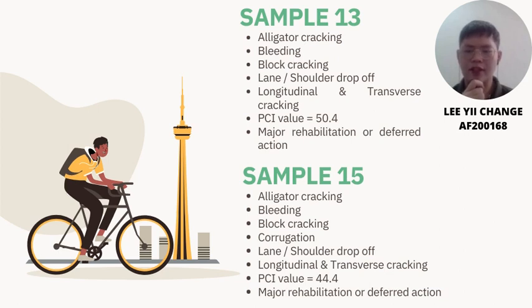Lastly, for sample 15, there are alligator cracking, bleeding, block cracking, corrugation, lane or shoulder drop-off, and longitudinal and transverse cracking. The PCI value is about 44.4 and it requires major rehabilitation or deferred action. That's all from me. Thank you.